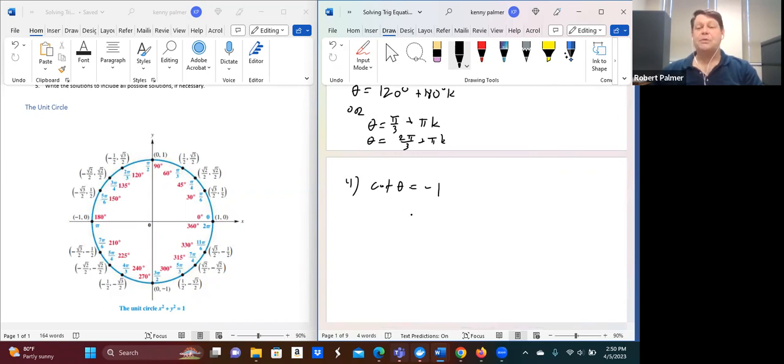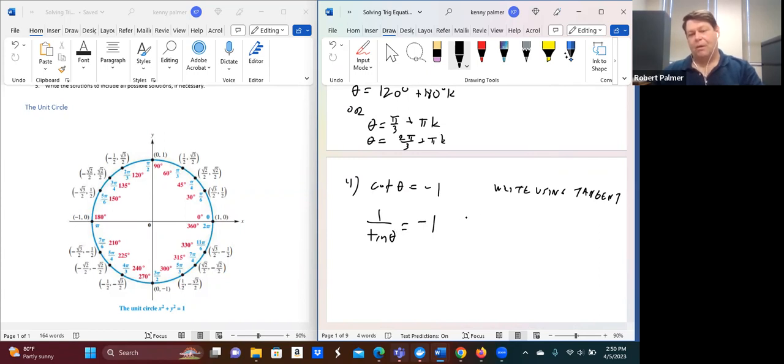Now here you can do a couple things. You can also write this in terms of tangent if you want, or use cotangent directly. I'll write this in terms of tangent.